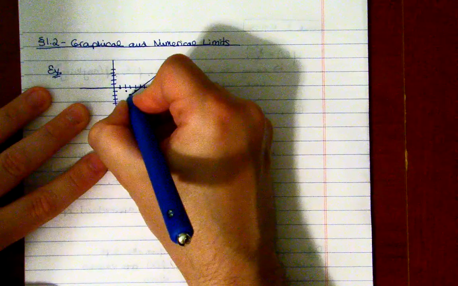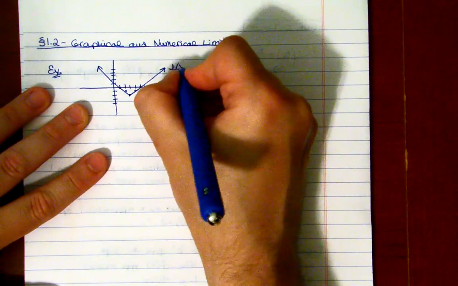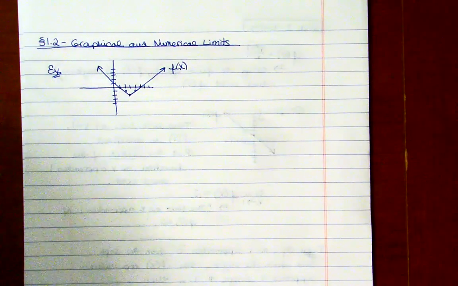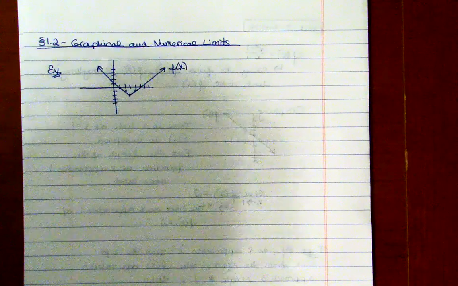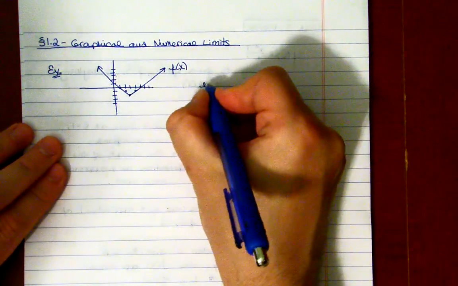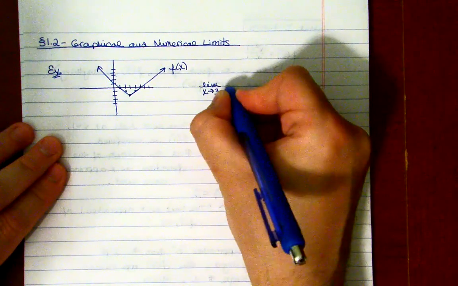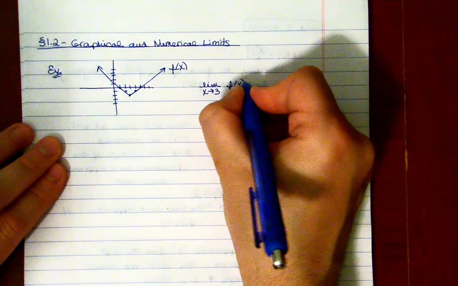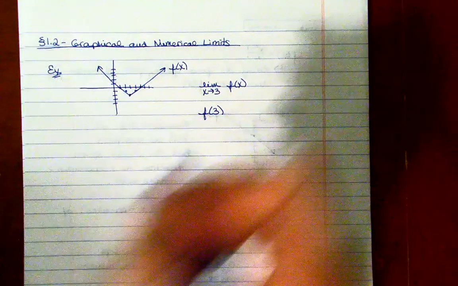Let's take a look at a function that looks like this, which hopefully you remember from Algebra 2 is probably defined by an absolute value function. I want to find the limit as x approaches 3 of my function f of x, and I also want to find f of 3.